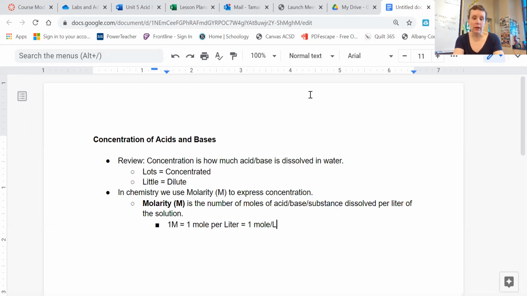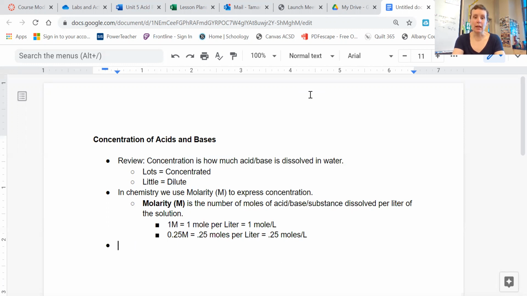We can write the slash instead of the word per, or 0.25 molar. Again, capital M, we say molar when we're talking about it. 0.25 molar is the same as 0.25 moles per liter, which we can write as 0.25 moles/liter.